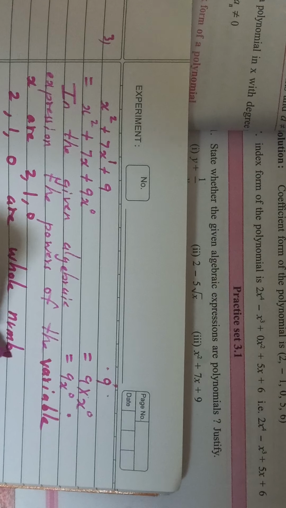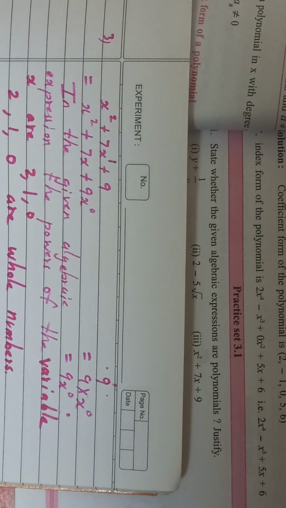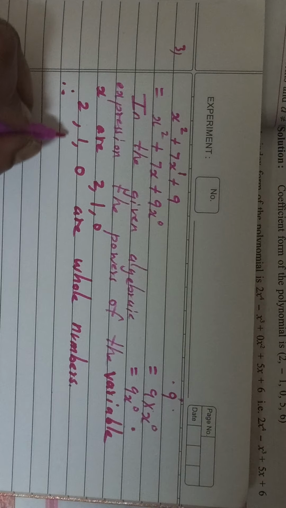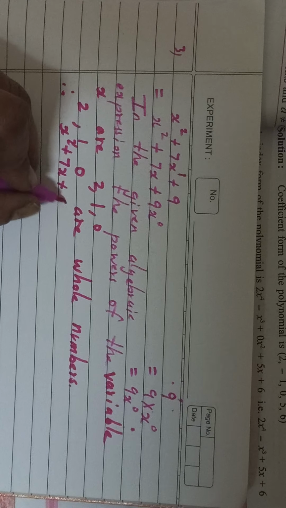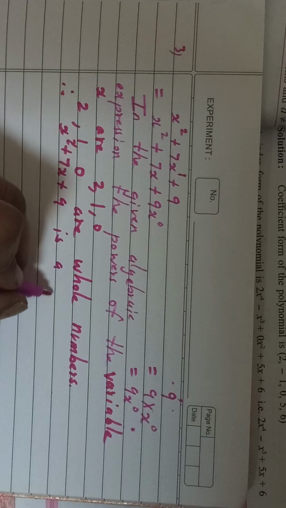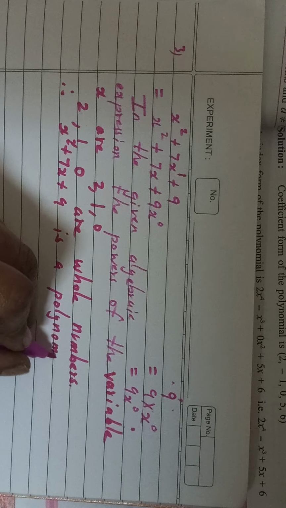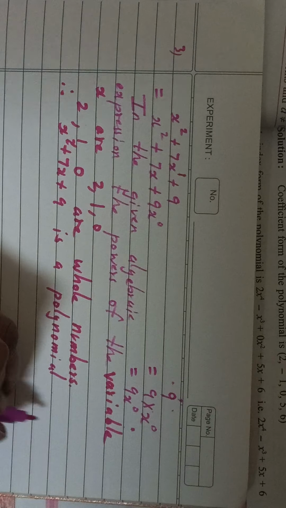And what do you want? You want the powers of the variable to be whole numbers. 2, 1, 0 are whole numbers. Therefore, x square plus 7x plus 9 is a polynomial, because the powers of the variable are whole numbers.